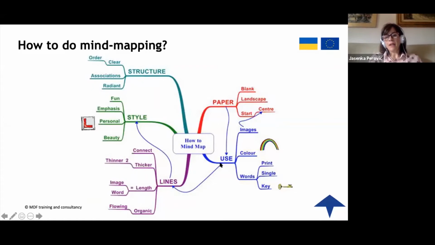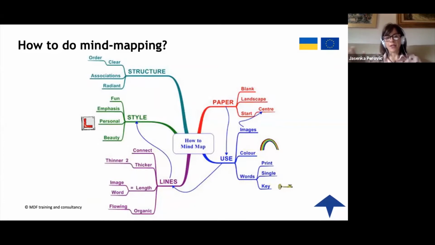When you are developing a mind map, use images, color and words, not paragraphs. You can use a single word, a keyword, and so on. The lines are also very important because this mind map should develop organically, and you cannot go wrong.